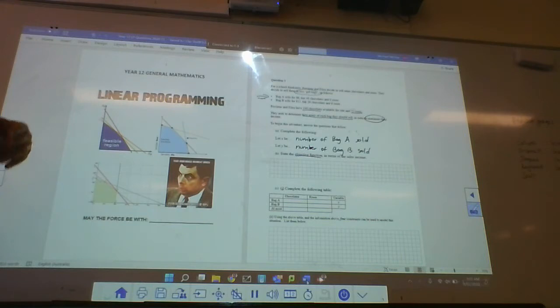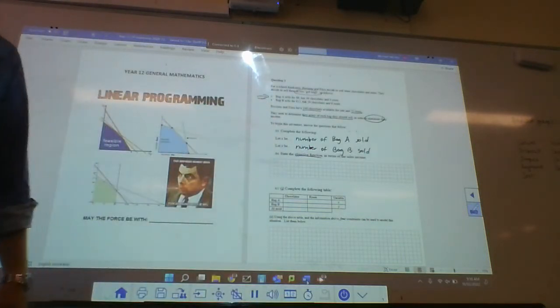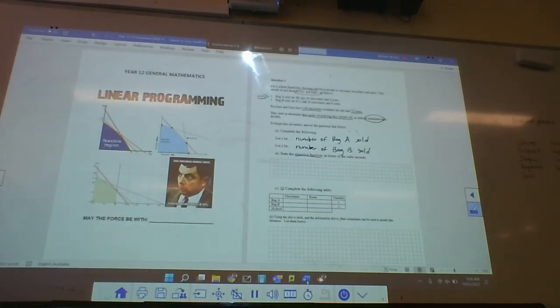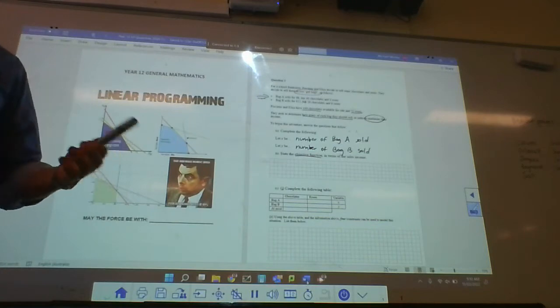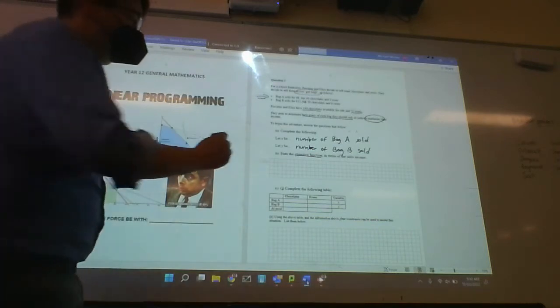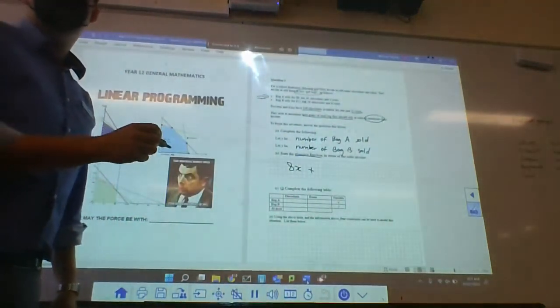How much money do you make if you sell Y of bag B? 12Y. Okay. So our objective function is how much money we make is going to be 8X plus 12Y.